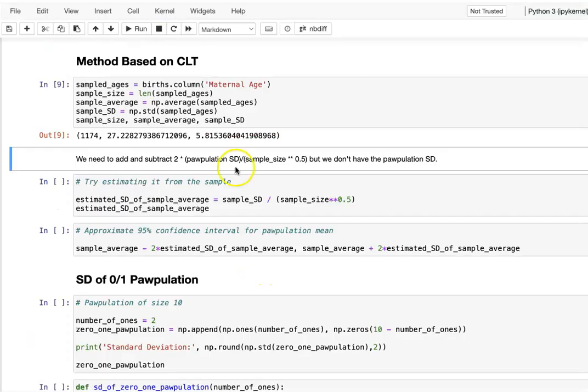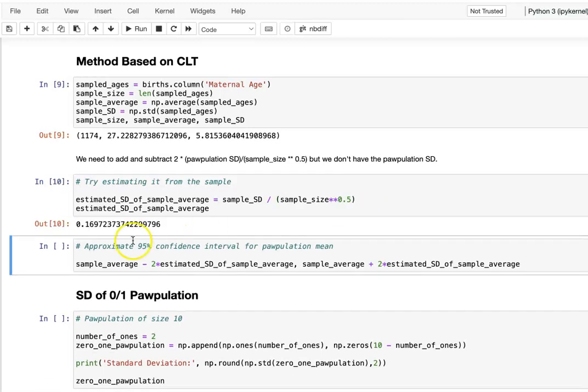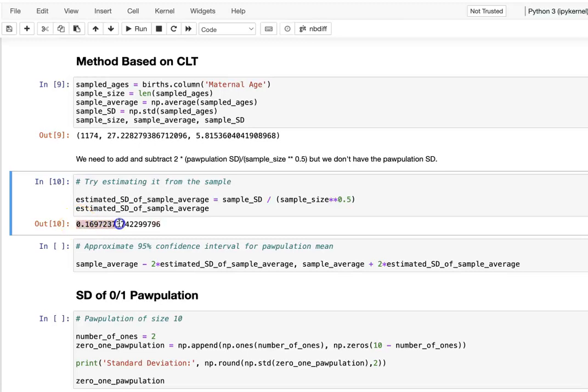So we get our estimated standard deviation of the sample average, equal to the sample standard deviation divided by the square root of the sample size. This is the standard deviation of the sample average.